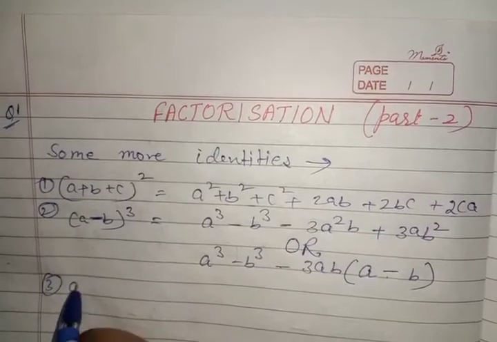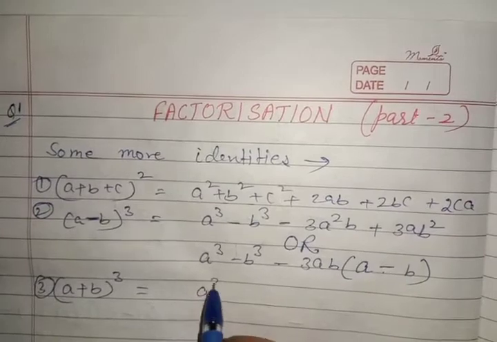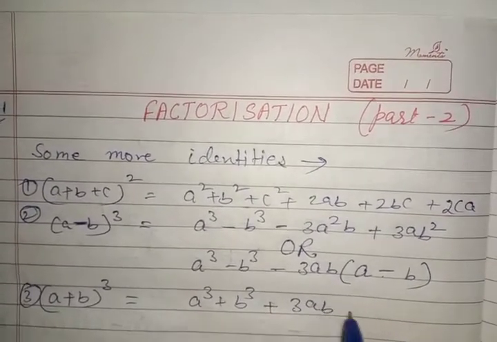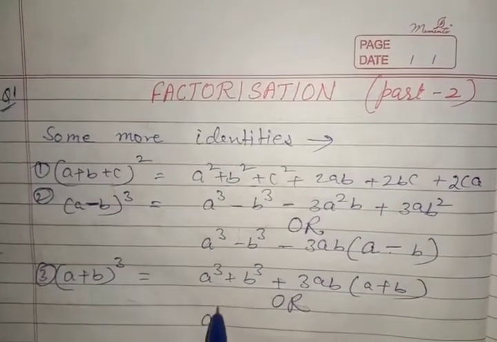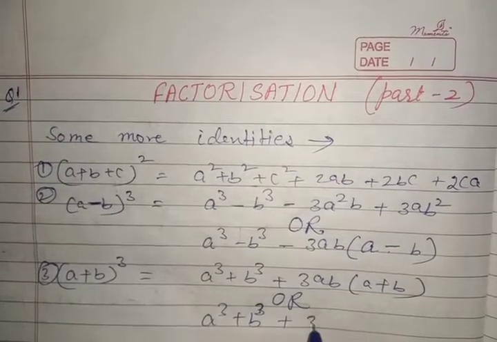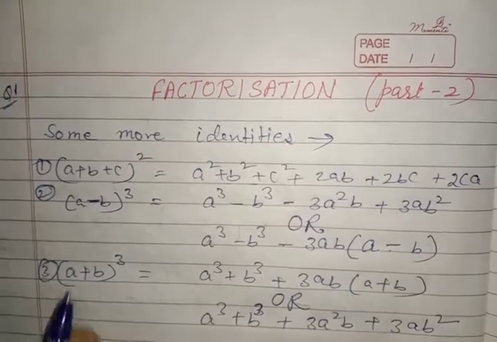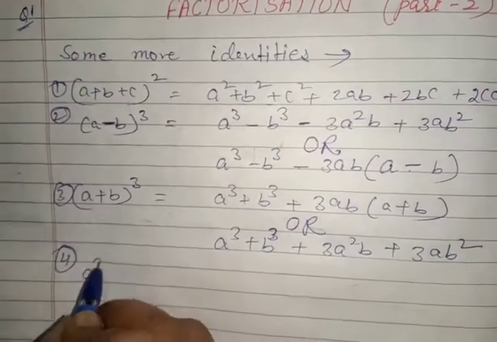Third, it's (a + b) whole cube, which equals all signs plus, the same identity: a³ + b³ + 3ab(a + b). The other version of this is a³ + b³ + 3a²b + 3ab², because it is plus, so all terms are in plus.